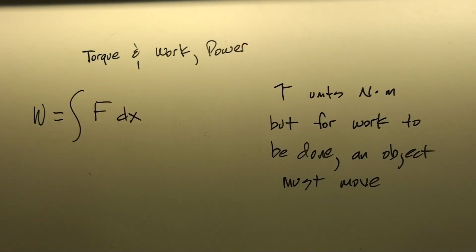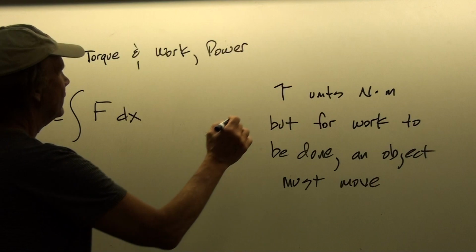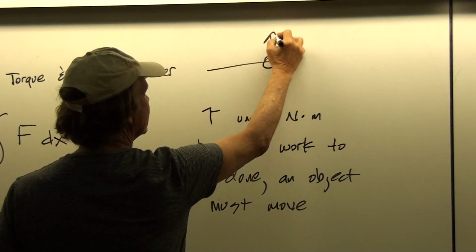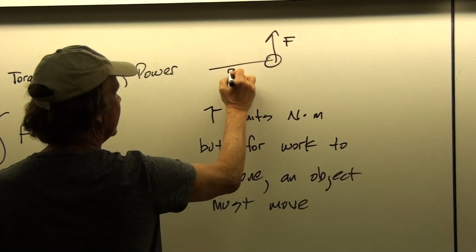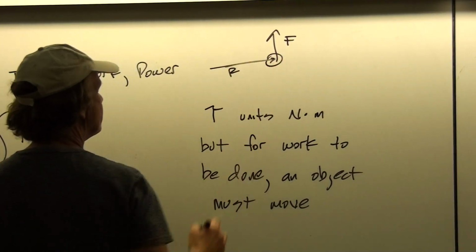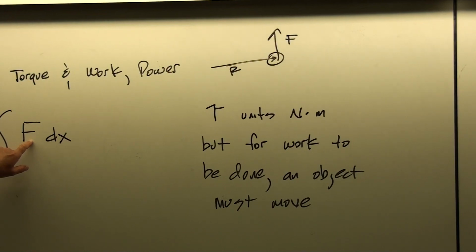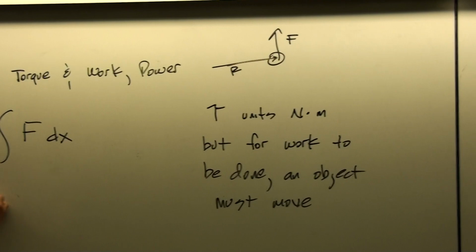And we can turn, if this is a force that is acting perpendicular to the direction of a radius vector r, then we can turn this force into a torque by just writing the force as r times F.